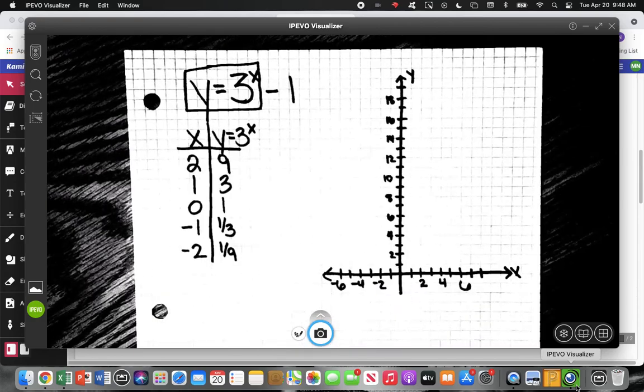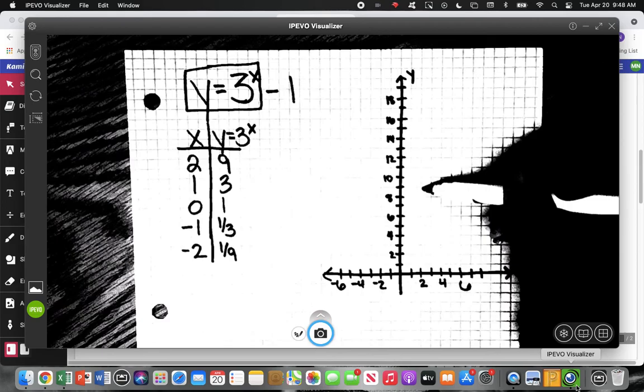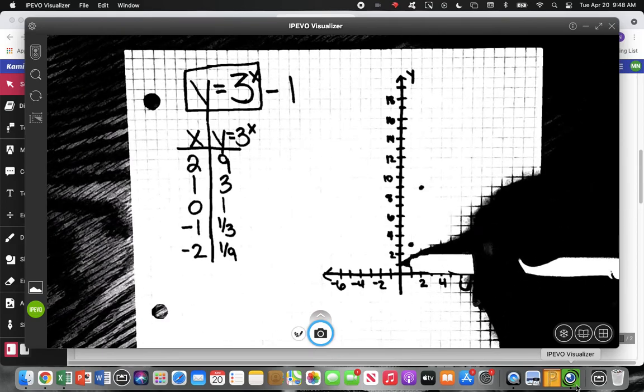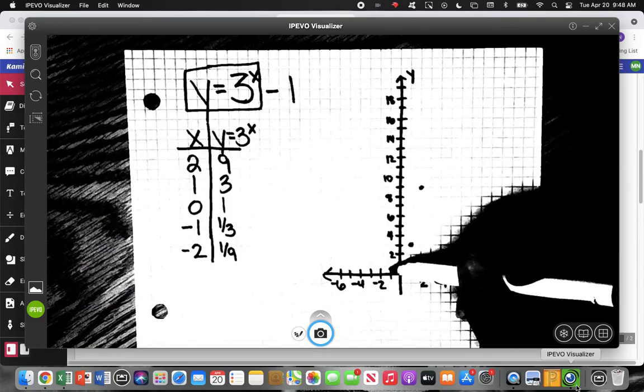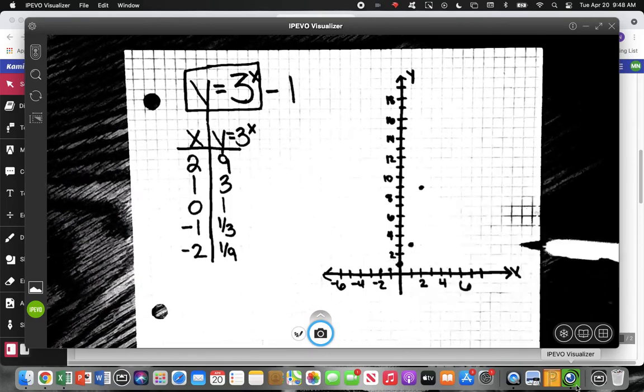So that's your base. So we would graph (2, 9), (1, 3), (0, 1), and then we got our 1/3 and our 1/9. We got our little fractions over here, going down close to 0, but not crossing.